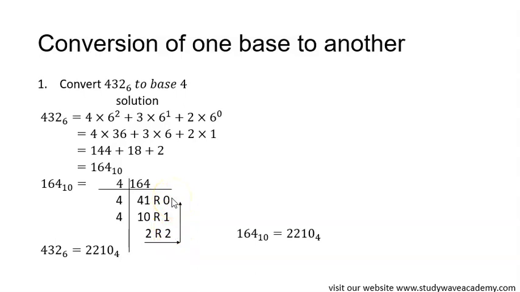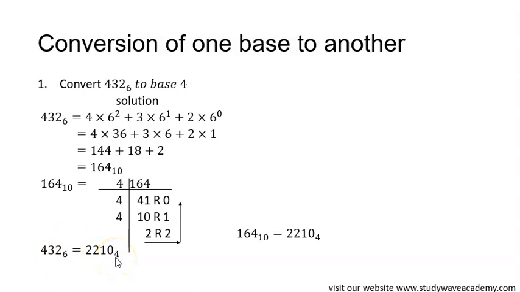You remember, right? So 164 in base 10 is equal to 2210 in base 4. Okay, do you understand? So we have gotten our number in base 4. So 432 in base 6 is equal to 2210 in base 4.